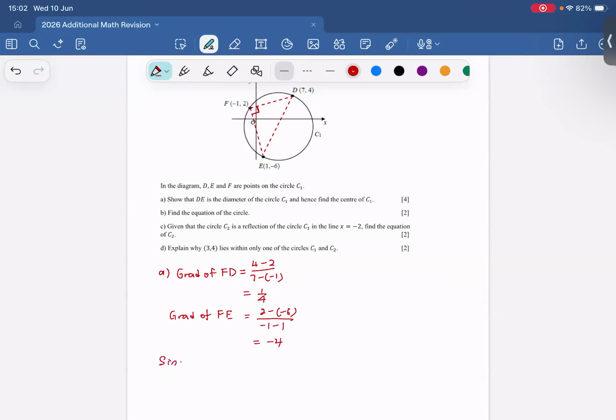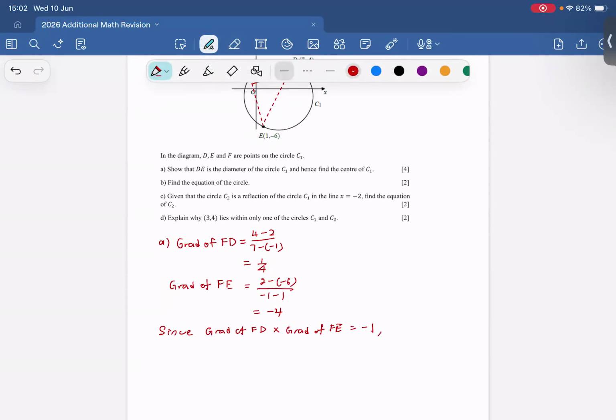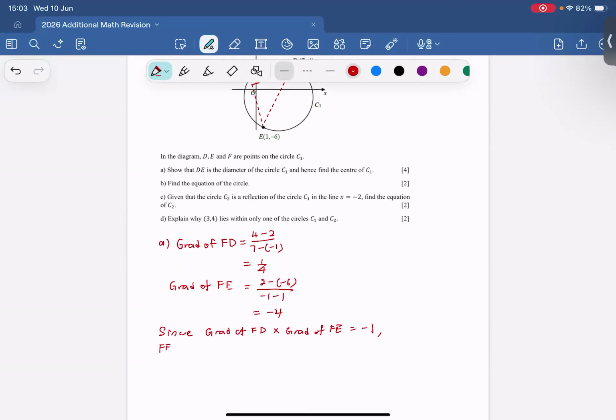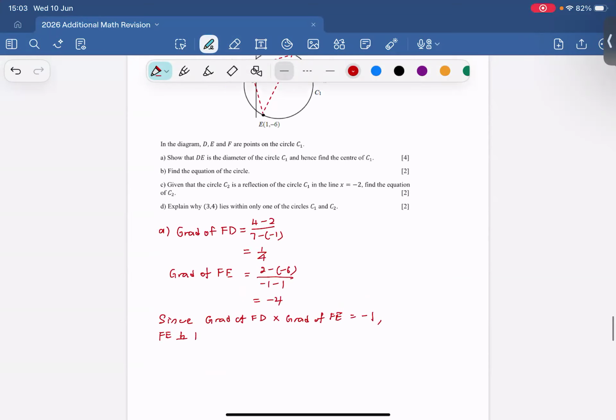Okay, since the gradient of FD times the gradient of FE equals -1, we say that FE is perpendicular to FD.